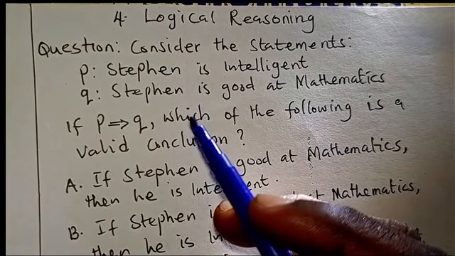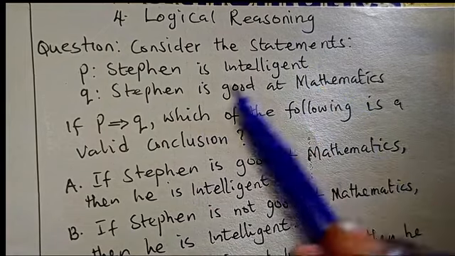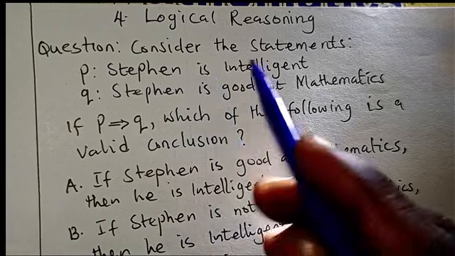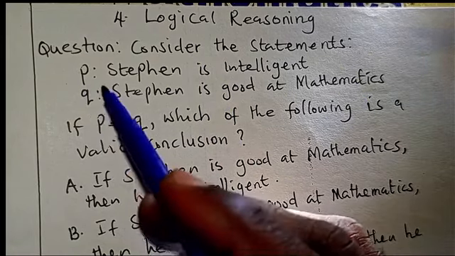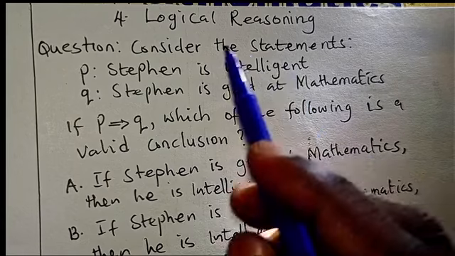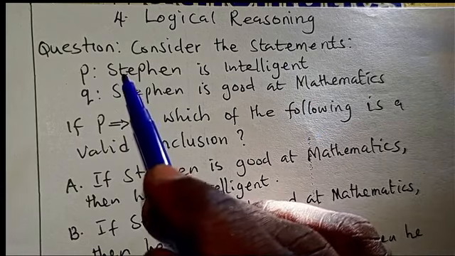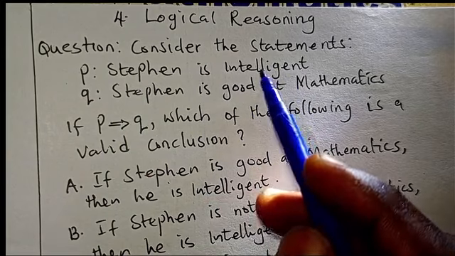So let's look at question number 4, and this is coming from logical reasoning. The question states that we consider the statements. Now we have the statement P that states that Stephen is intelligent.